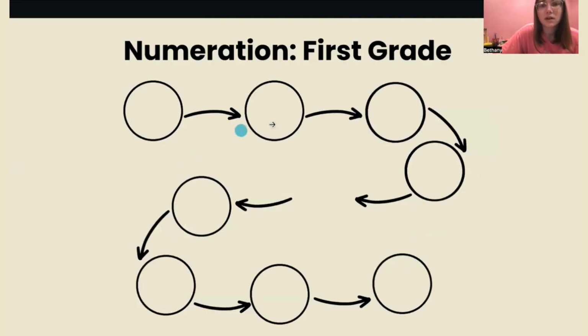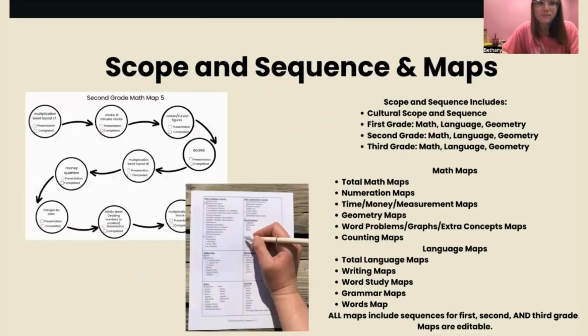So these are how the maps look, but I'm not showing you obviously the whole numeration map. And also with the maps and everything, if you don't like the way these are laid out, there's just a list to go through that you could check off the presentation and complete it instead.